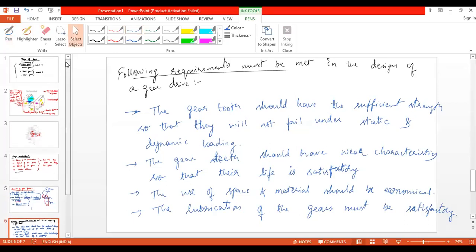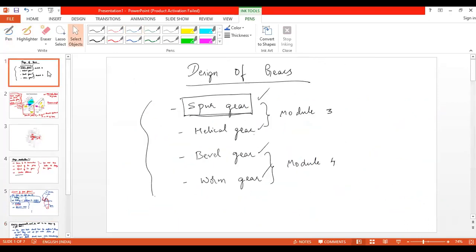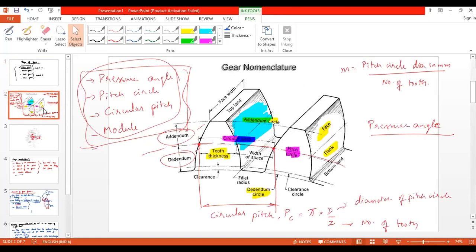Okay, so I'll summarize this class. First, we discussed the syllabus, that is, the spur gear and helical gear will come in module 3, bevel and worm gear will come in module 4, with reference to the dynamics of machines, where you have studied the gears.